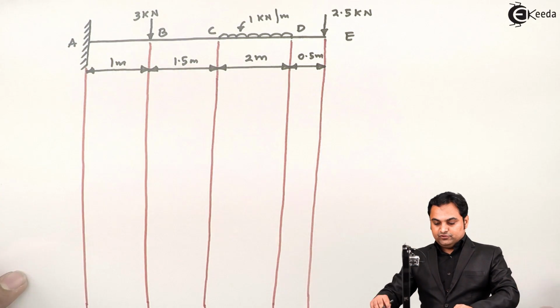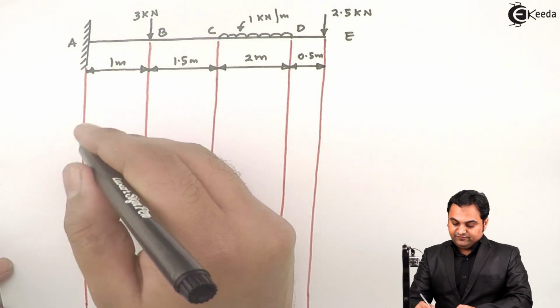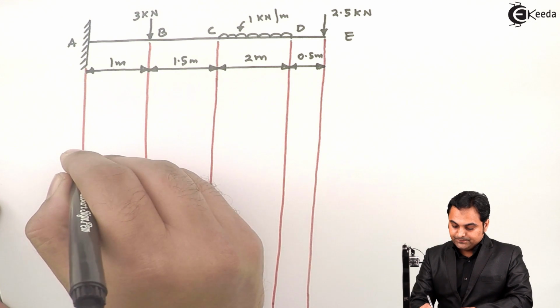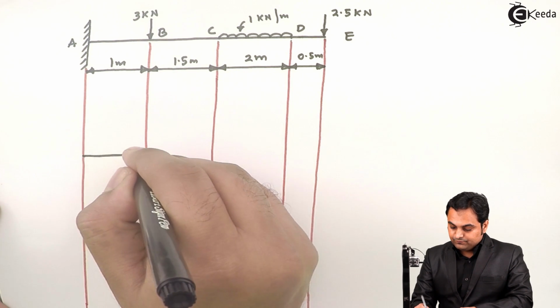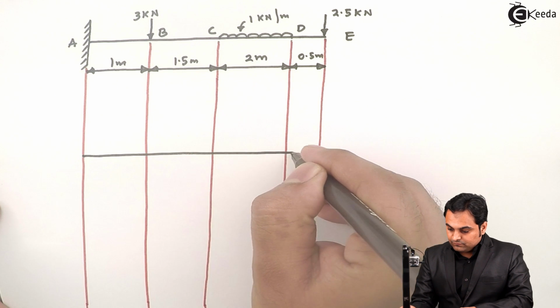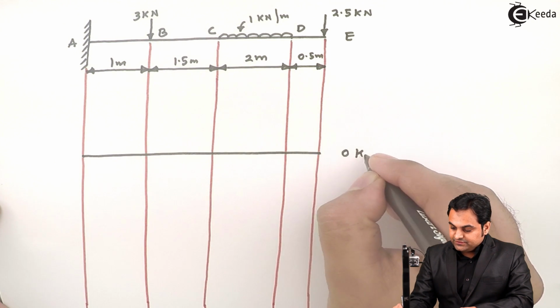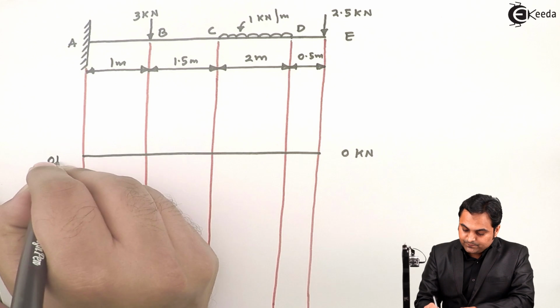Now I'll plot the shear force diagram. For that, first I'll draw a horizontal line, which indicates 0 shear force.